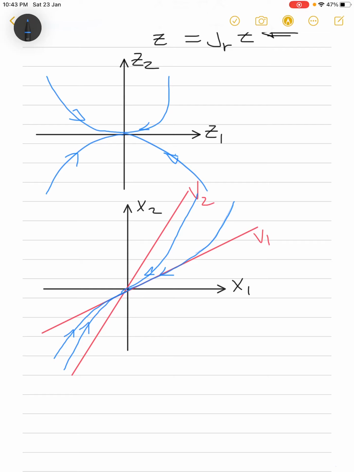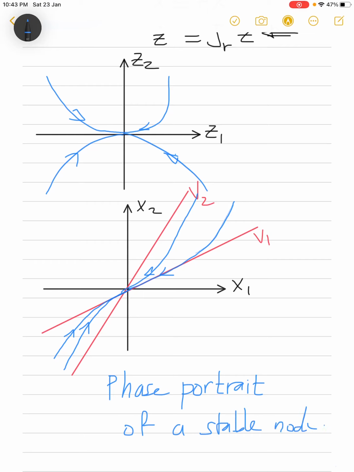So we still get a phase portrait of a stable node, and this situation will be repeated in the different cases. So we get the same basic qualitative behavior around the equilibrium point, but as I said, it will be rotated according to the eigenvectors in the general x1 and x2 coordinates.